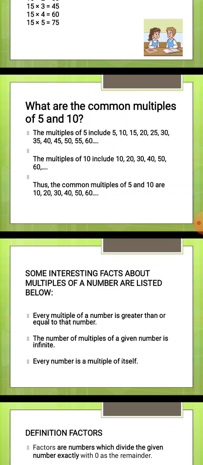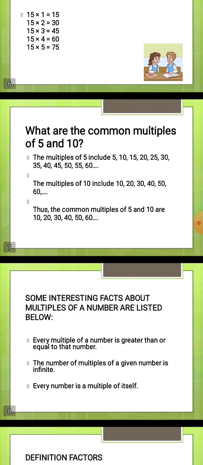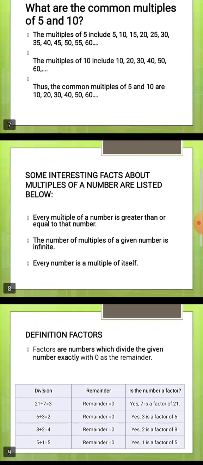Similarly, 30, 40, 50 and 60. So the multiples which are the same in multiples of 5 as well as in the multiples of 10 are known as common multiples. Hence, 10, 20, 30, 40, 50 and 60 are the common multiples of 5 and 10.